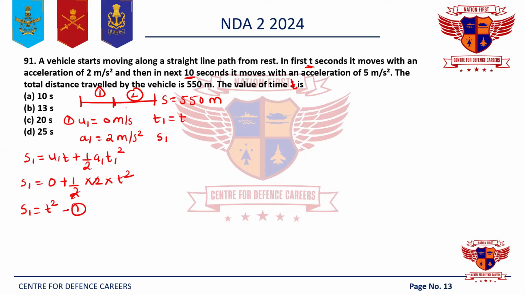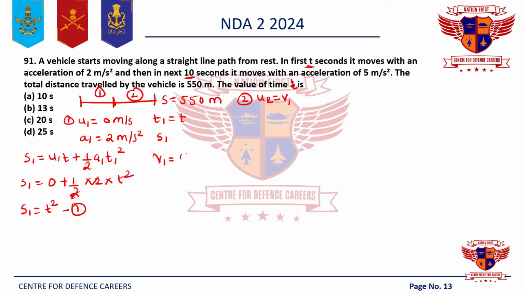Now, for the second phase, the initial velocity for the second phase will be the final velocity of the first phase. So let's find out the final velocity of the first phase.